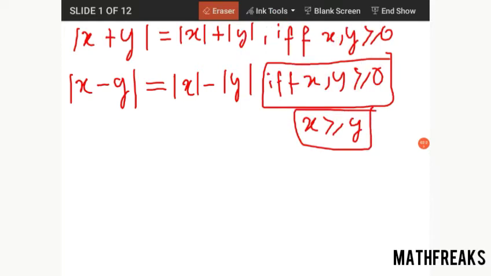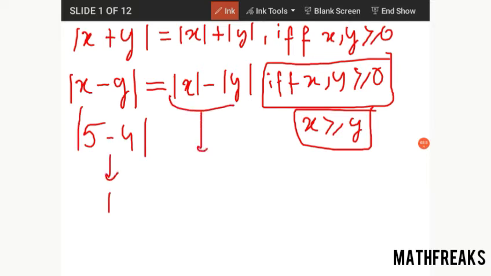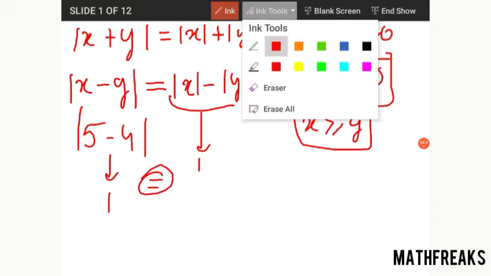Very logical. Think of it like if I take an example, say 5 and 4, from here we are getting 1, and from here as well we will get 1. So we see that this equality is satisfied. So for the first one, mod of x plus y is equal to mod of x plus mod of y, this equality is true if and only if x and y are greater than or equal to 0.